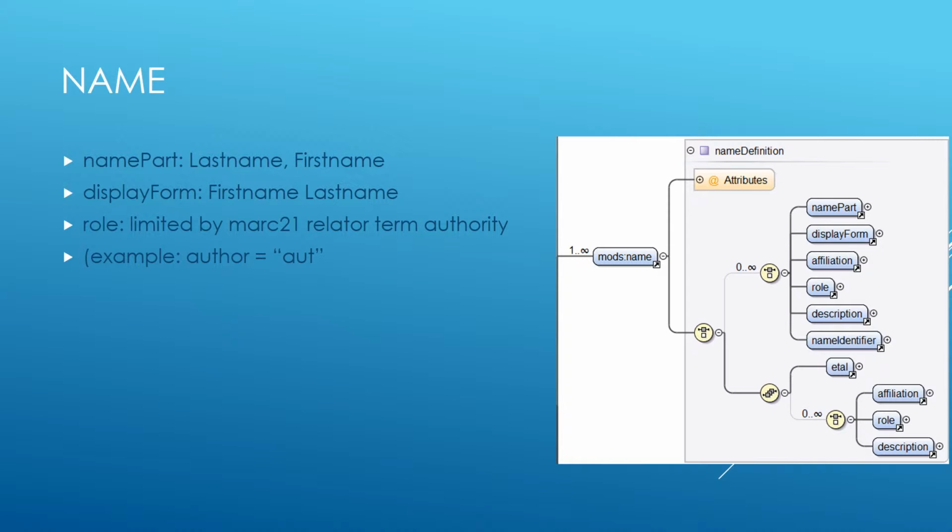So we're going to go over the big important elements that I used for this particular application profile. First, we're going to go over the MODS, and the first one we have with MODS, of course, is name. There's a few other ones like title and language and stuff like that.